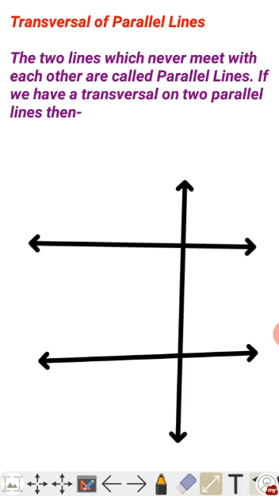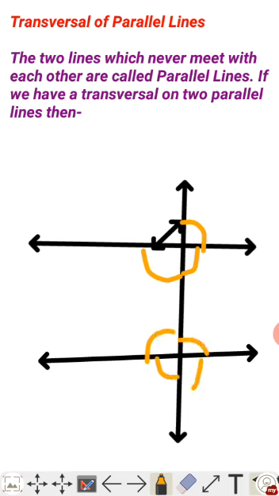So also you can see that the transversal of parallel lines also makes 8 different angles. This is your angle 1, this is your angle 2, this is 3, 4, 5, 6, 7 and 8, in this way, right?